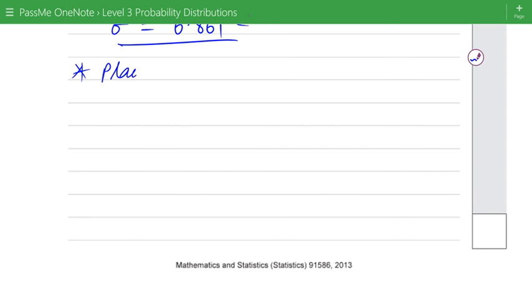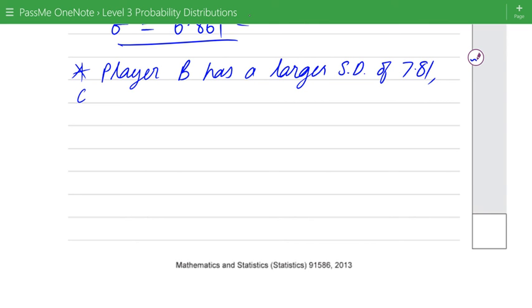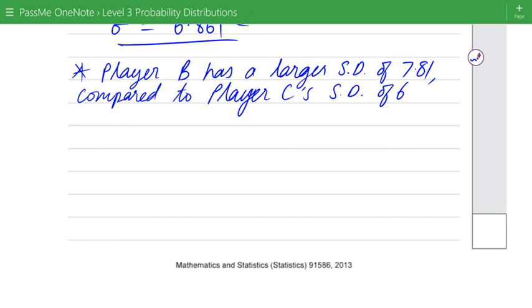Player B has a larger standard deviation of 7.81 compared to player C's standard deviation of 6.861.